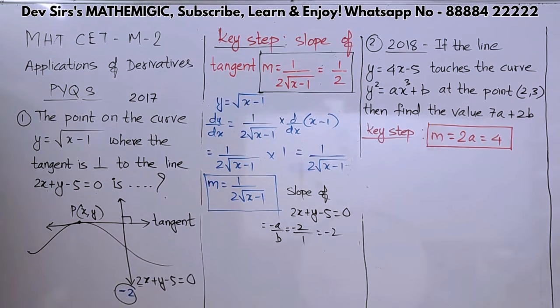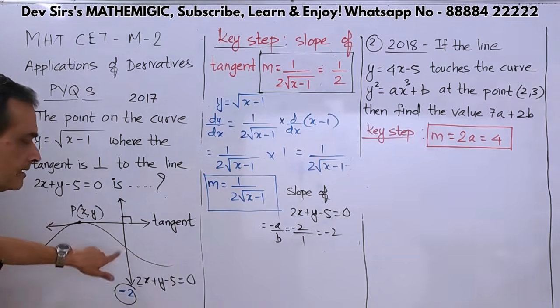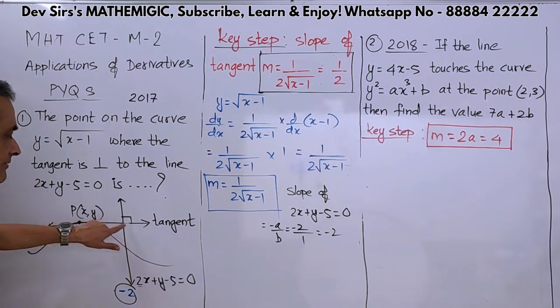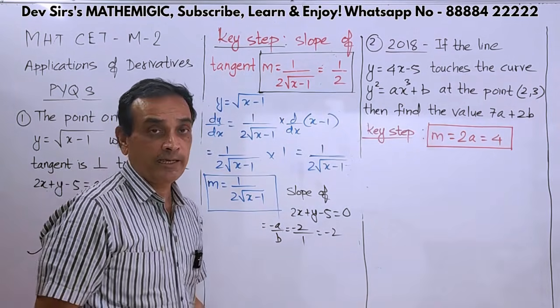Now, one important thing is, because the tangent is perpendicular to that line, slope of the tangent will be minus 2 का reciprocal करना है और sign भी बदलनी है.